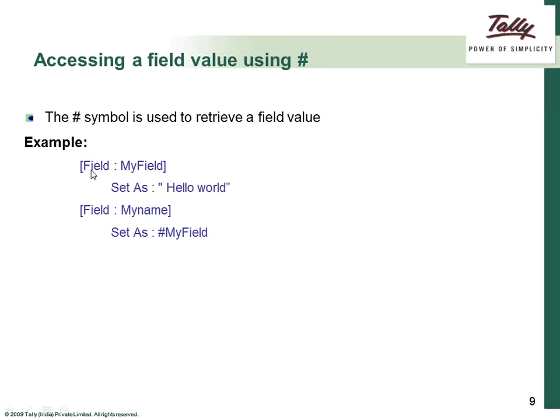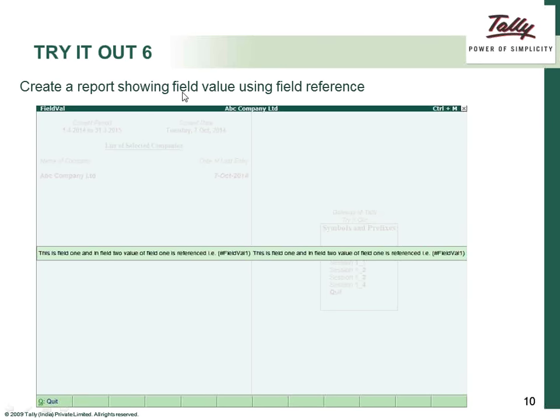So this is how you can write a field name such as the field value. So when I write hash my field, my name will also display hello world. That's how it will make the difference. So you can create a report writing this field reference value.